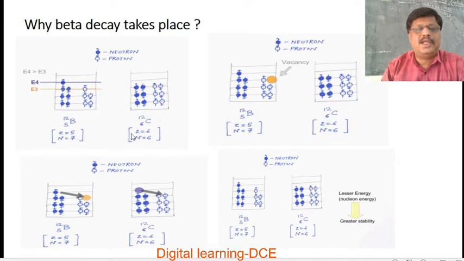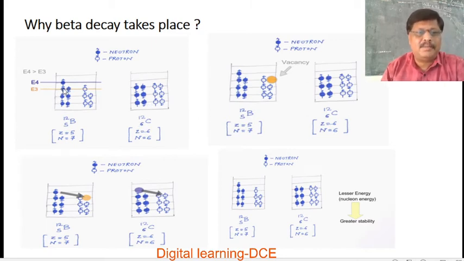Here Z is equal to 5, here Z is equal to 6. In this, the number of neutrons is large, and in this case the number of neutrons is less. So this excess neutron is converted into a proton and acquires a lower energy state, becoming stable.